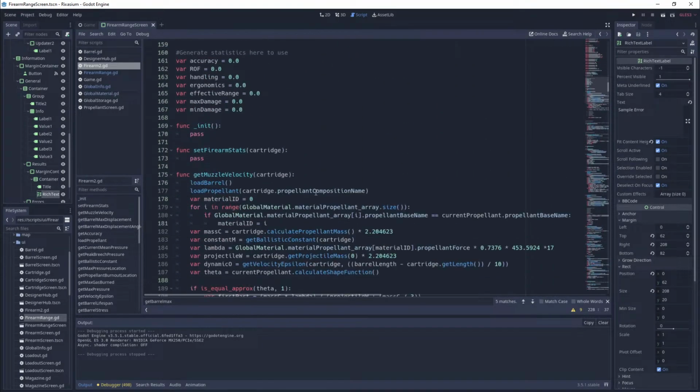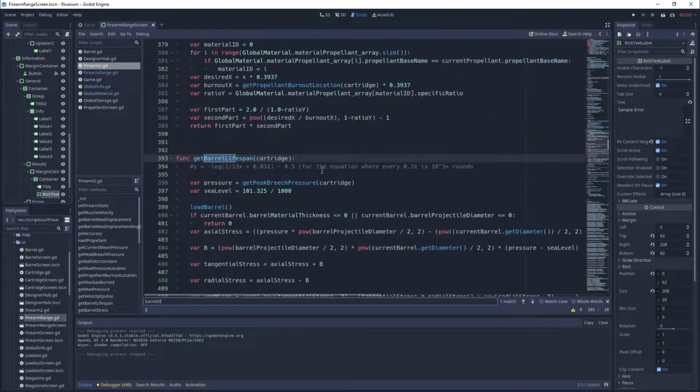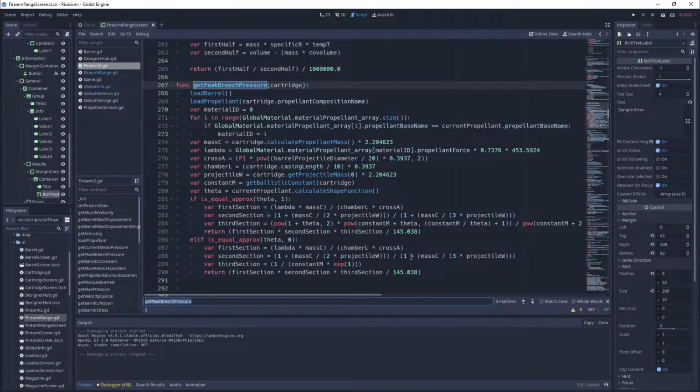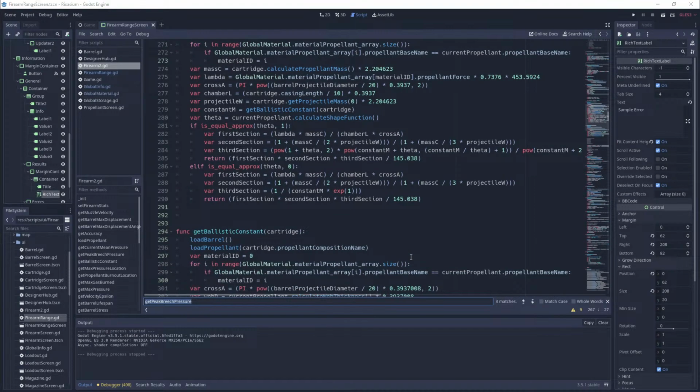For a barrel lifespan, sorry, what it's using is peak breach. What's the peak breach pressure? So this is using theta 0 and theta 1, they have different systems here.